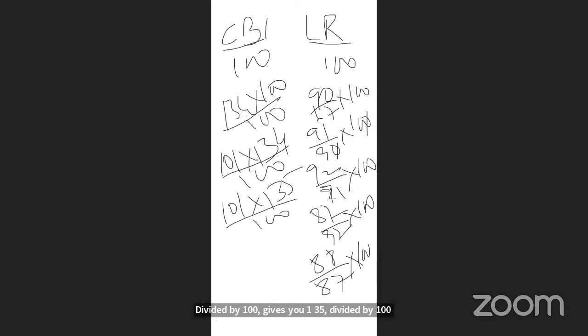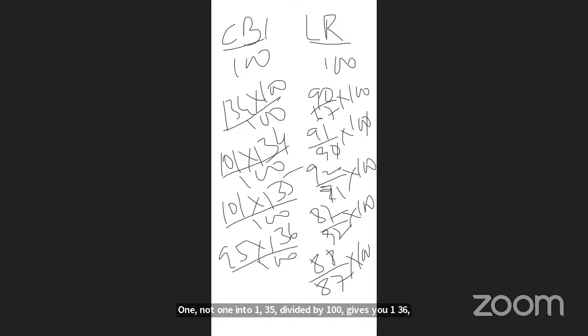The next, 87 divided by 92 into 100 is 95. So 95 into 101 into 135 divided by 100 gives you 136 divided by 100.